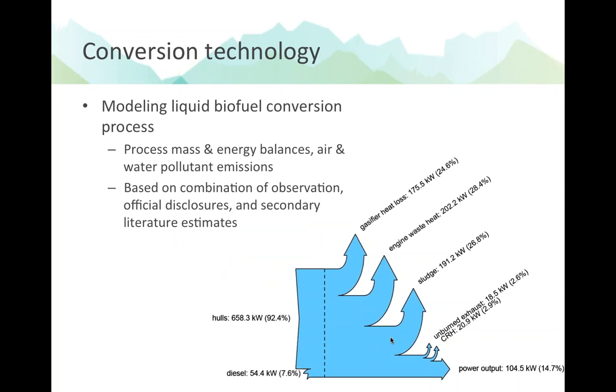There, what we want to do is sit down and work with our industry partners and make a model of the energy balance and the mass balance of their system, and really understand for a given unit of feedstock, a given unit of chips that goes into their system, how much fuel do they make, how much biochar do they make, how much energy do they make versus how much is lost.